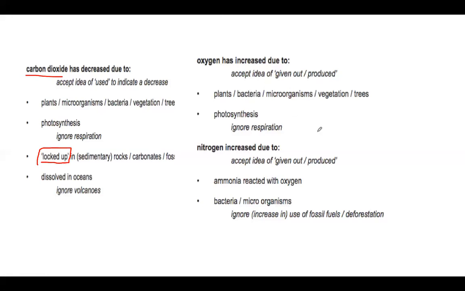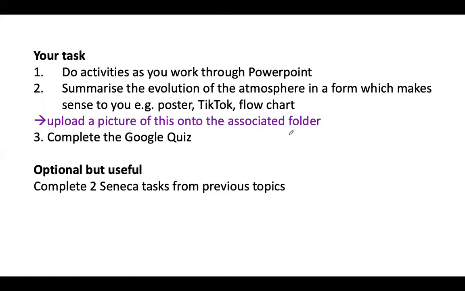If you're unsure, feel free to email me your response and I'll have a look there. So your task for today, for this lesson, first of all, I hope you've been going along and doing the activities as you went through the PowerPoint, as you're asked to do. So that was the exam question, the table, the starter, etc. I want you to summarize the evolution of the atmosphere in a form which makes sense to you.